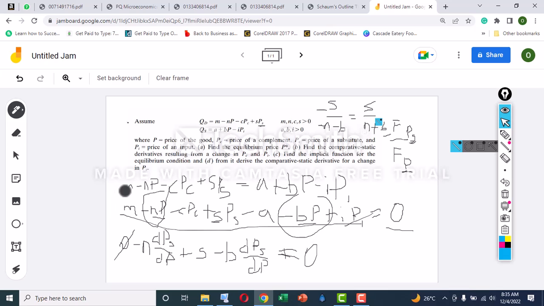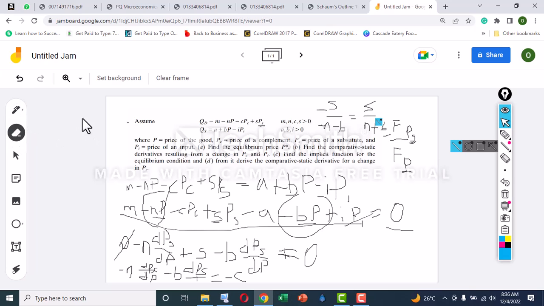This will now be minus n dps over dp minus b dps over dp, as long as we have written dp, everything equals to, then s comes to this side and becomes minus s. 0 minus s.